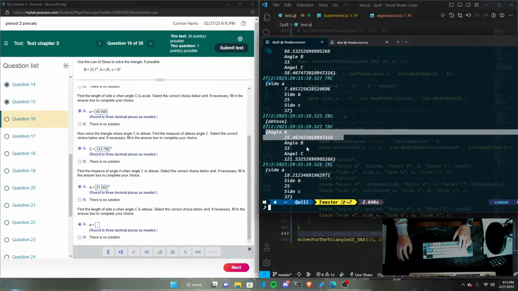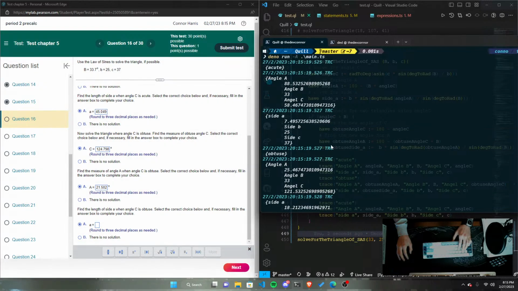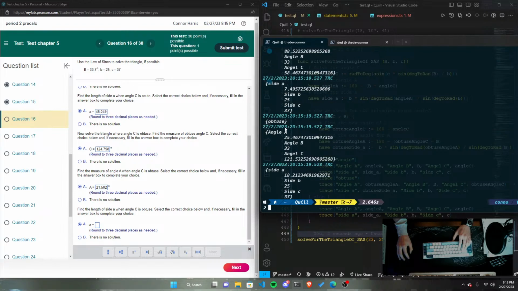So we see angle A, angle B, angle C, side A, side B, side C, which those are given values. Then we have our obtuse angle A, angle B, yep, and angle C. Doom and doom. Yeah, that's right.